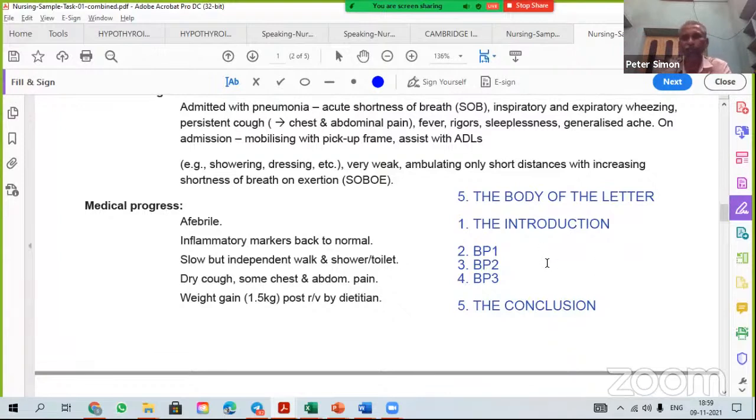Now we see how to follow the introduction and what is the conclusion. First you'll write the introduction, then you'll write the body paragraph 1. Body paragraph 1: the most important problem for ordinary letters, the urgent visit for urgent letters.